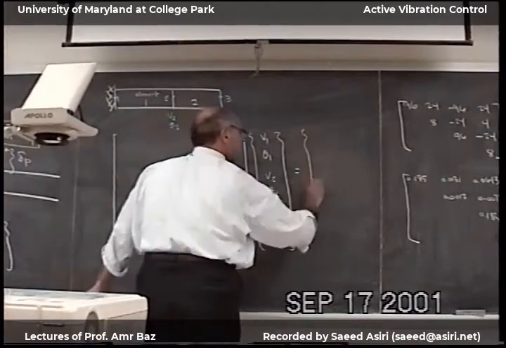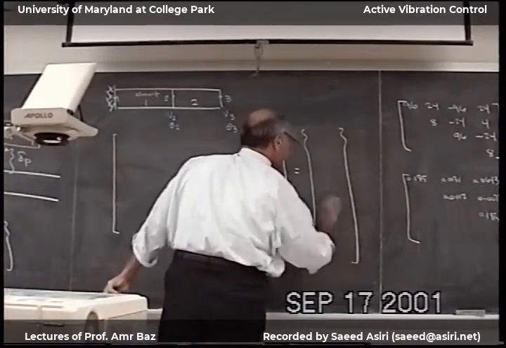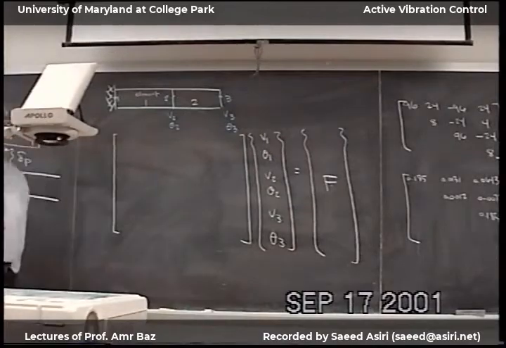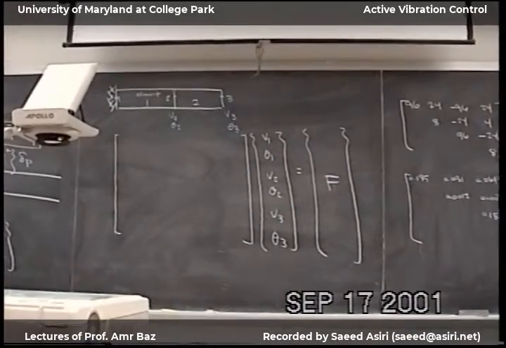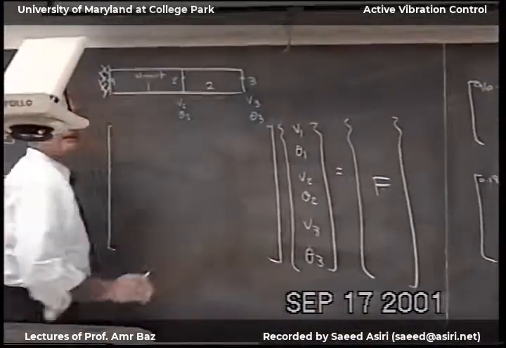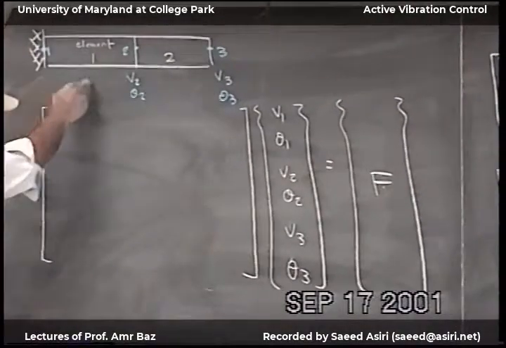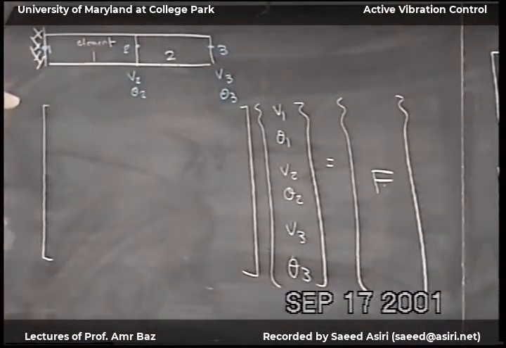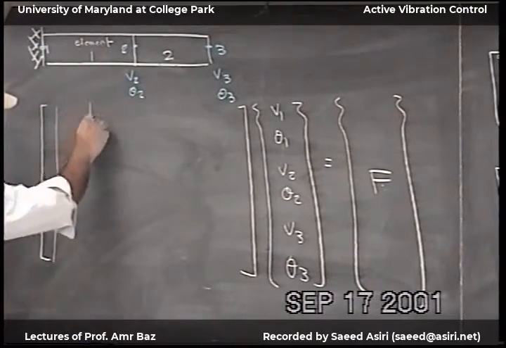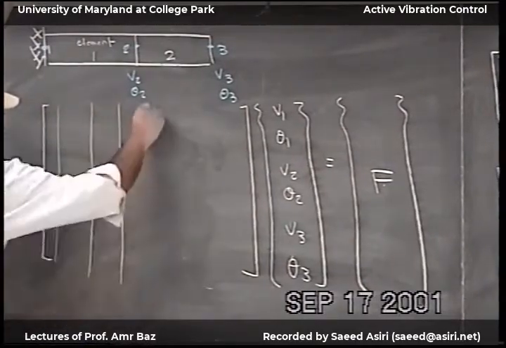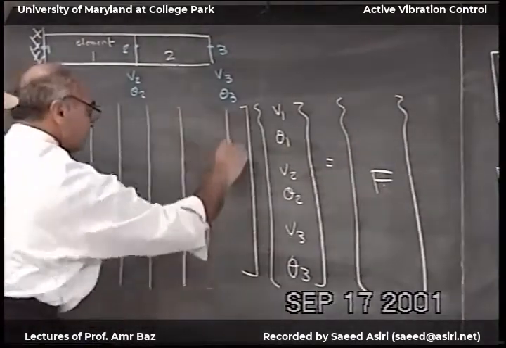And then here is the force vector. Stiffness matrix, now we have 6 degrees of freedom. 2 are fixed and 4 are moving. So this should be 6 by 6. 1, 2, 3, 4, 5, and 6.